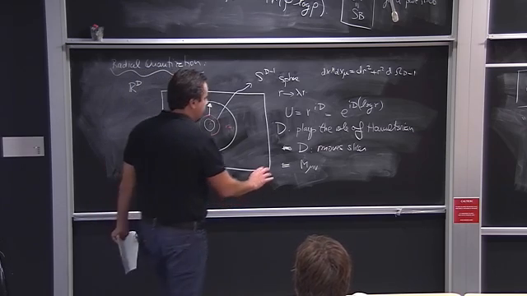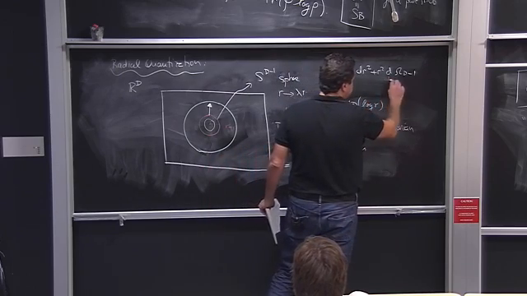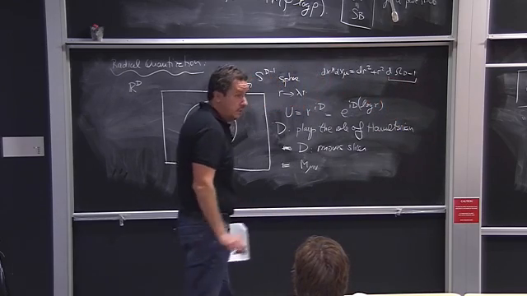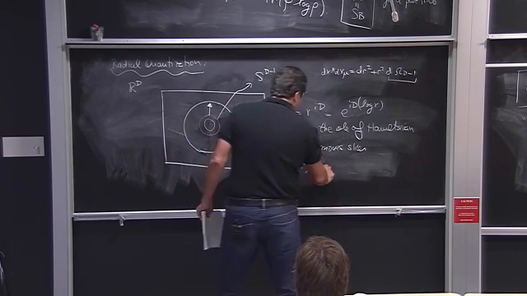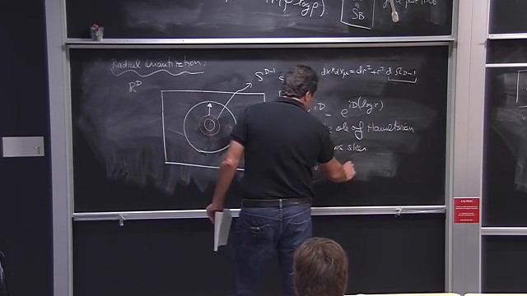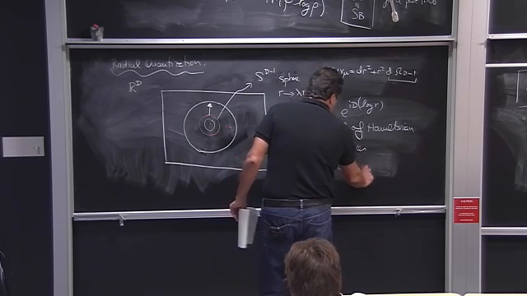The thing that is clear is that it will have the symmetry of the d-1 dimensional sphere, which is the SO(d). Let me write it this way: SO(d).